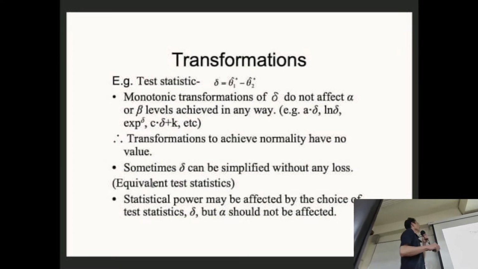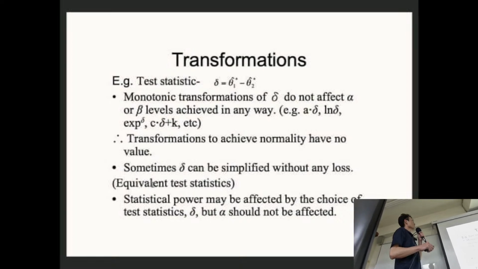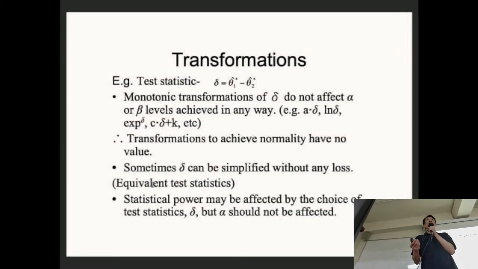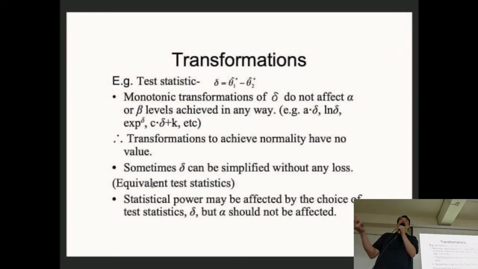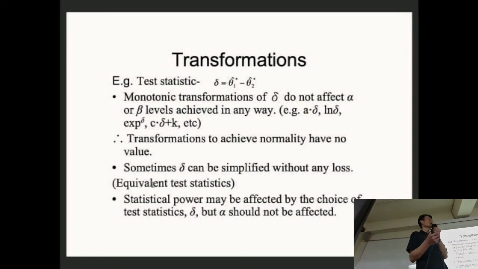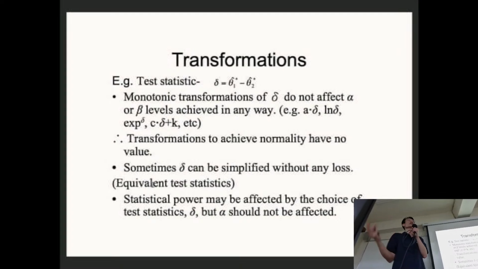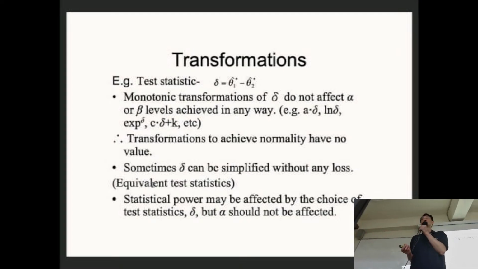Alright, and then let's talk about transformation. Remember, in the classical undergraduate statistics class, because we need the data from a Gaussian distribution, sometimes we take a log transform or square root transform of the data so the data follow a Gaussian distribution.